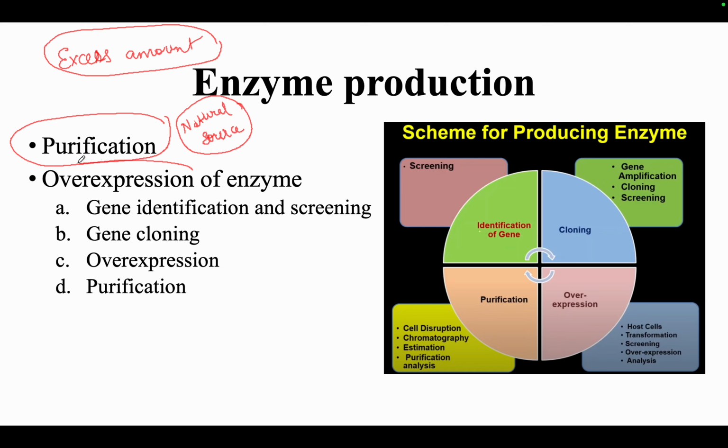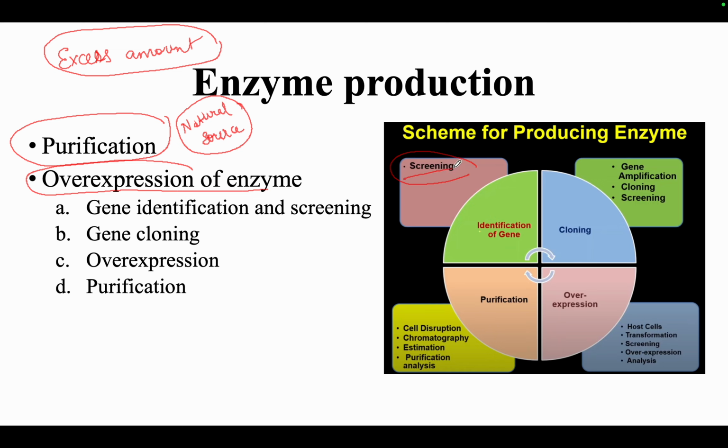So this is the scheme for producing enzyme by overexpressing it. These are the different steps. First, we need to identify which gene is responsible for that enzyme. We may need to screen that gene from the whole genome, or from the different databases which are present.